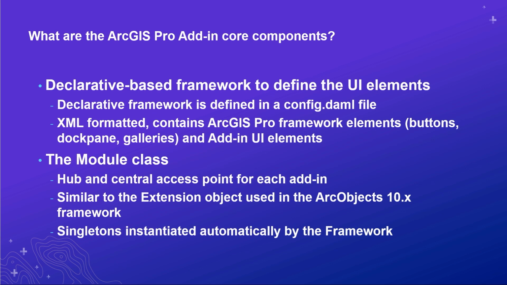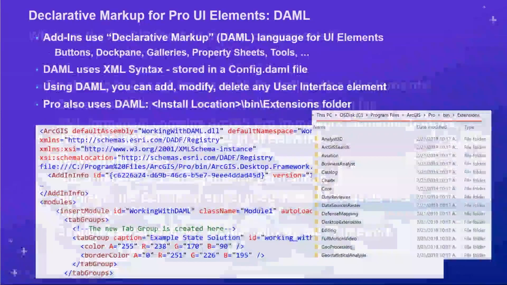The module class file in an add-in is the hub and central access point for a subsystem. So if you want to modify anything in a subsystem, you start with its module class. It is very similar to the extension object used in the ArcObjects 10x framework, and it is a singleton instantiated automatically by the Pro framework.